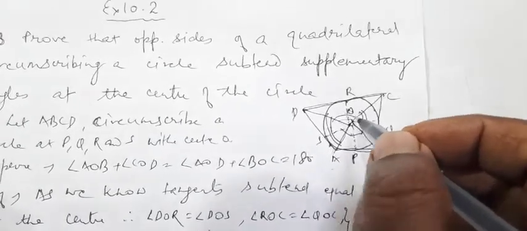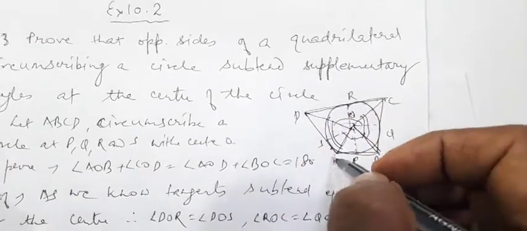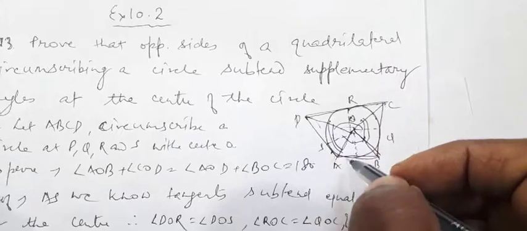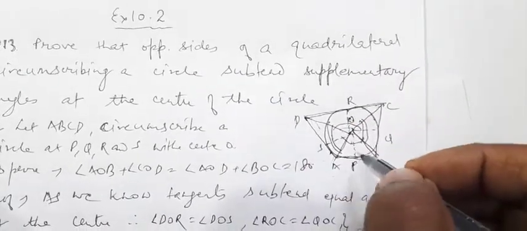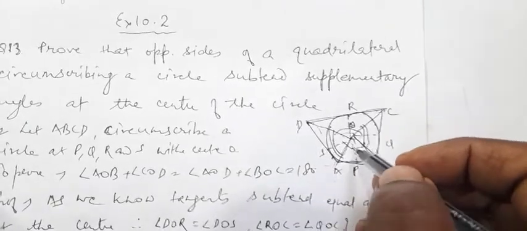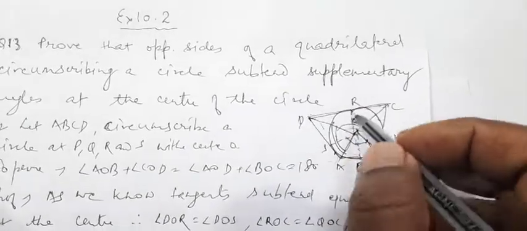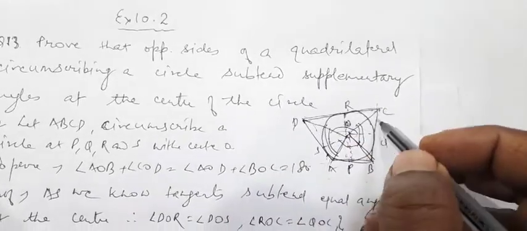It means that the sides of the quadrilateral which circumscribes a circle subtend supplementary angles at the center of the circle. Opposite sides of the quadrilateral: here AB and CD are opposite sides, and AD and BC are opposite sides.